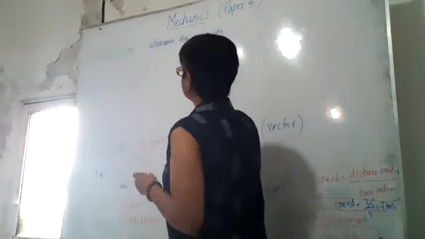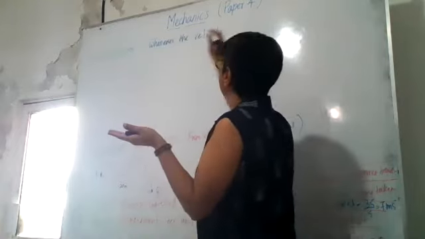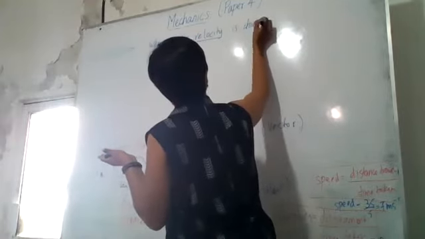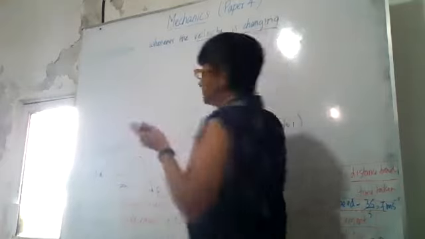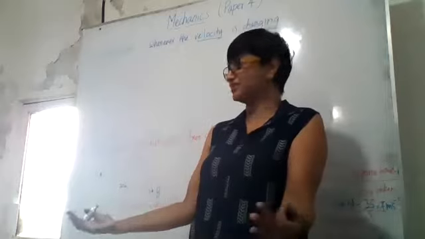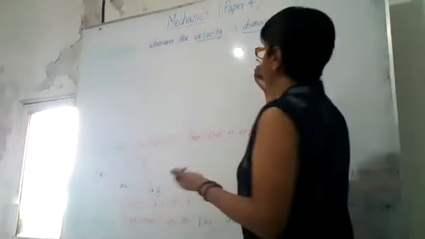The meaning of the word acceleration is that the velocity of a moving object is changing. Whenever the velocity is changing, notice the word changing. I didn't say increasing, I didn't say decreasing. It could be an increase or a decrease. If it is changing, then it is accelerating.